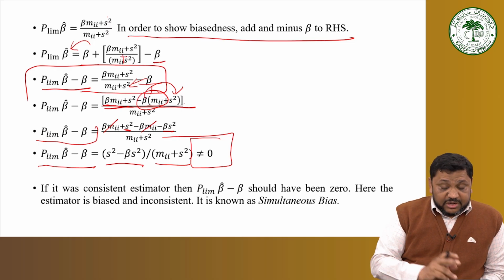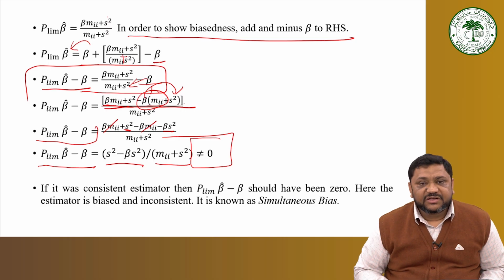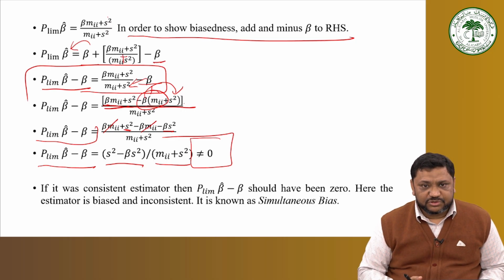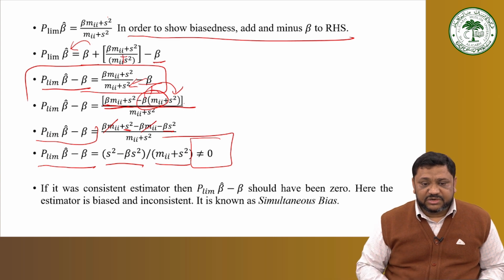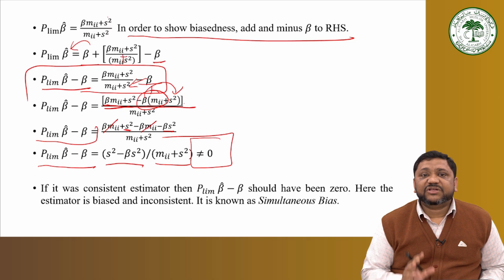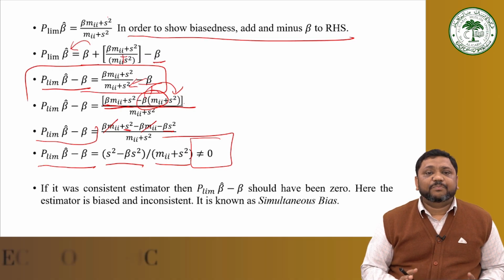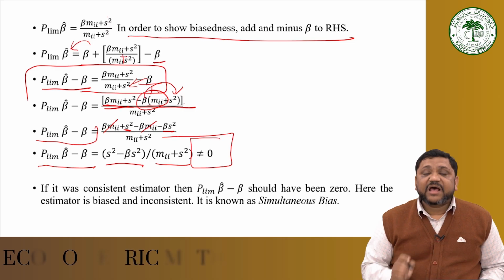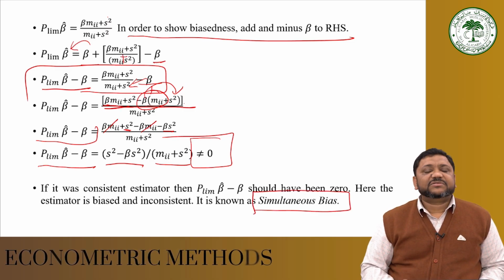If it was a consistent estimator, plim beta hat minus beta should have been equal to 0. Probability limit of beta hat is equal to beta for a consistent estimator. But here the estimator beta hat is not consistent. Here the estimator beta hat is rather biased and inconsistent. And this is what we refer to as simultaneous bias.